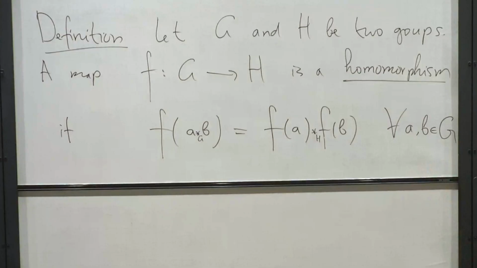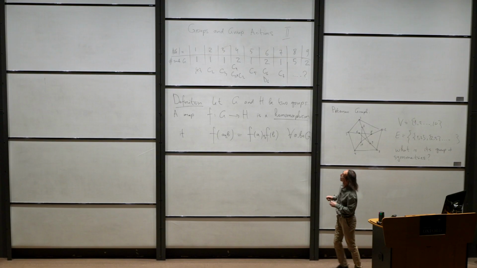Think about vector spaces and linear maps. They're compatible with addition, for example. f(a+b) is f(a) plus f(b). So this is the analog for groups. This is the definition of a homomorphism.